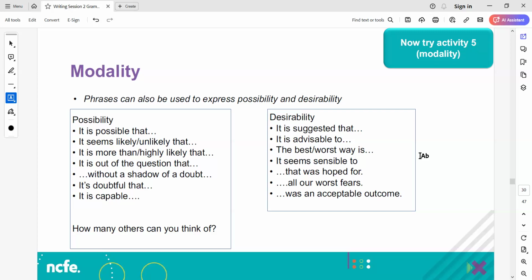And desirability: it is suggested that, it is advisable to, the best, worst way is, it seems sensible to, that was hoped for, all our worst fears, was an acceptable outcome. Okay. So it may be that you can think of others that you could use as well.